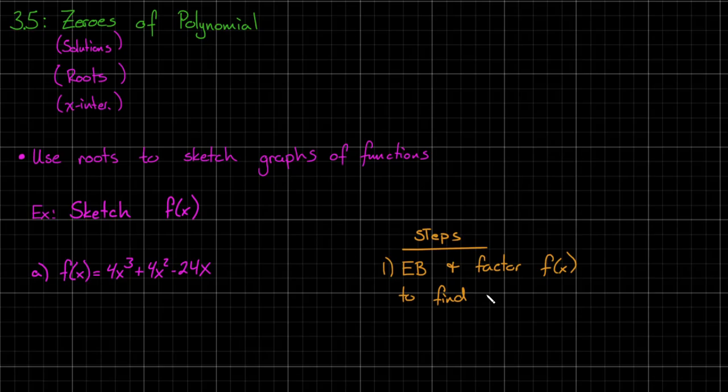Solutions? Okay. I might change this in future iterations. With a graph, I think of zeros, but I don't really care which one you write. They're all the same thing. So step 1 is we take this and find the end behavior, and factor. We're going to do that in one step.